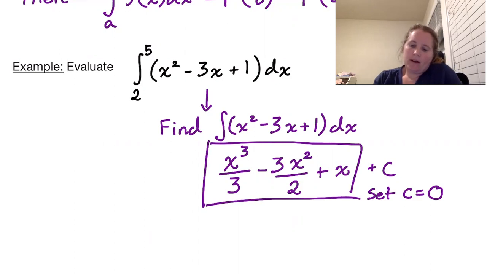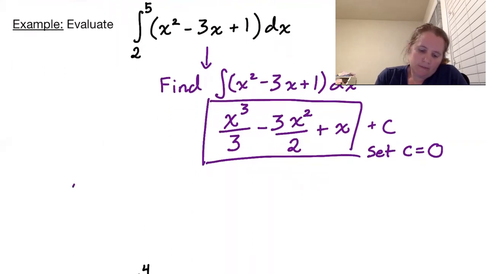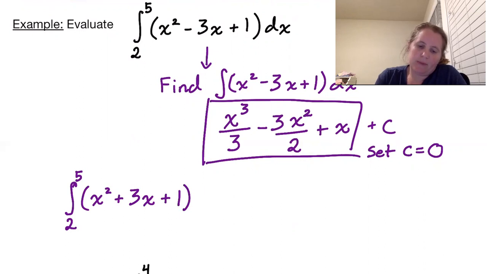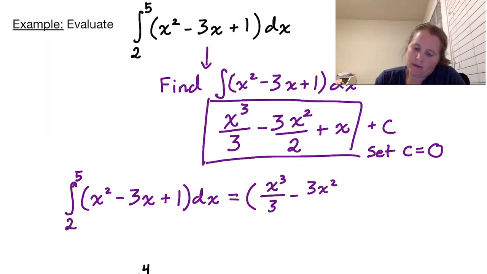So now I'm going to introduce a new notation. This way you don't necessarily have to write out the antiderivative separately. For the definite integral from 2 to 5 of x squared minus 3x plus 1 dx, what I do is write the antiderivative we chose: x cubed over 3 minus 3x squared over 2 plus x. And then I do a vertical line, put a 2 down at the bottom and a 5 up top.